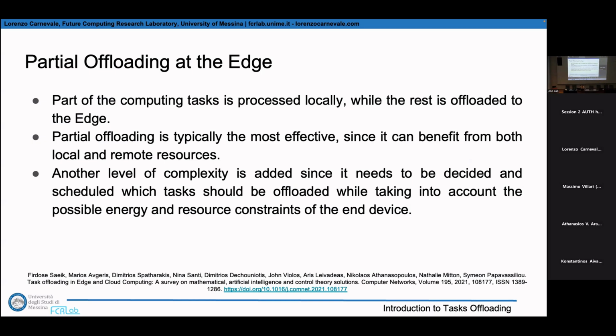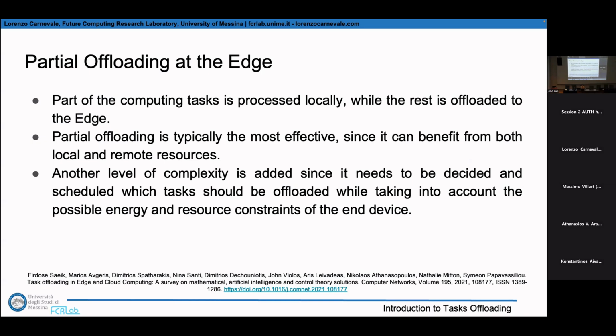Another level of complexity is when we have to decide which task we have to offload. And typically, an element called the scheduler is the one interested in understanding what is the target task that needs to be offloaded, and then what is the target layer and the target machine where the task needs to be offloaded.